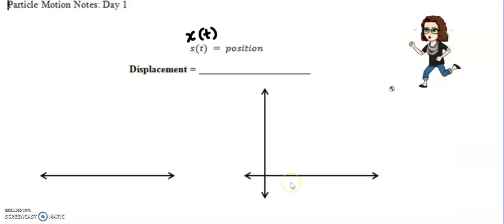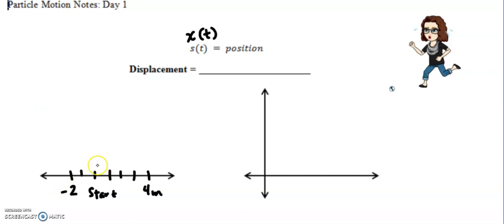If we were to graph that on a line, we could say this was his start point. He moved 1, 2, 3, 4 meters to the right. Then he moved 2 meters back and then ended up where he started.